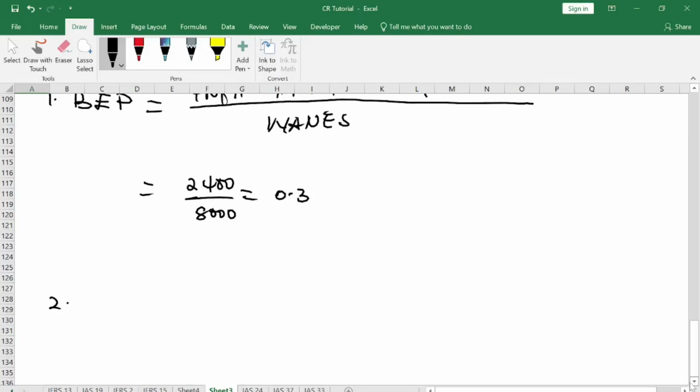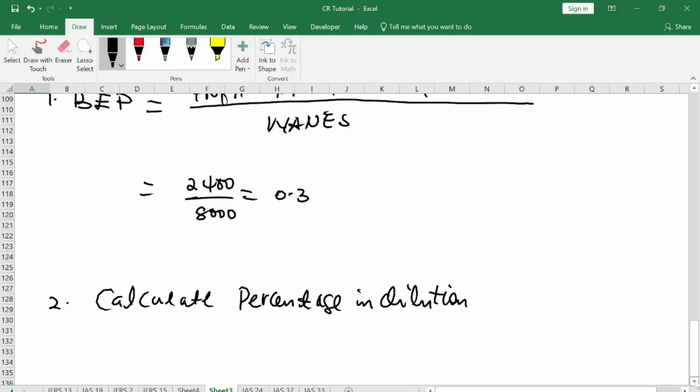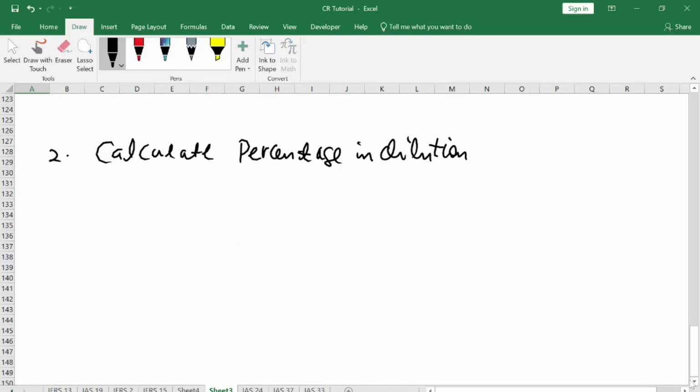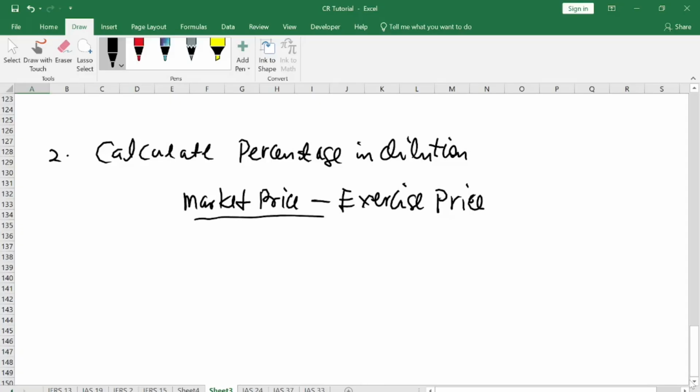So how do you calculate for the share options? You calculate the percentage in dilution. The formula is market price per share minus exercise price per share, then you divide everything by the market price per share, then multiply by 100%.